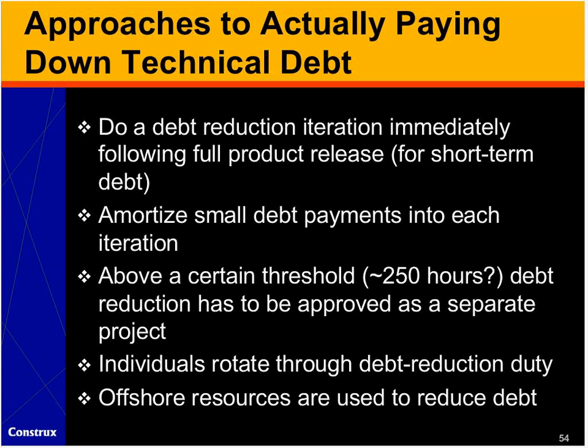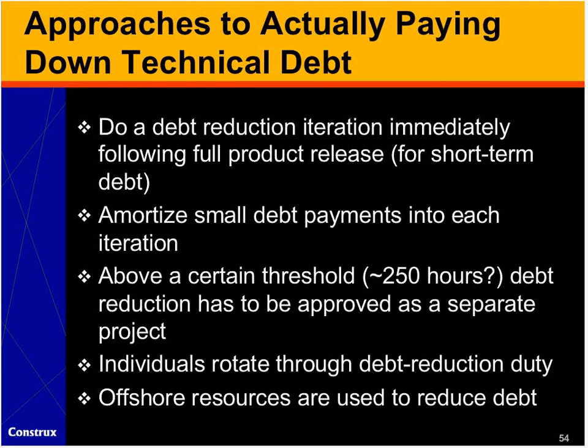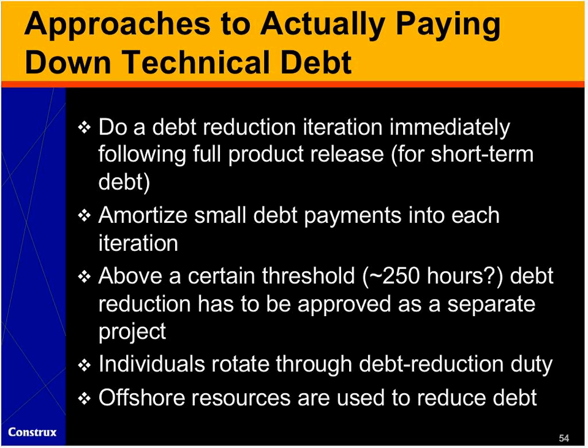So what are some approaches to actually paying down technical debt? We've seen a number of approaches with the companies we've worked with. You can certainly do a debt reduction iteration immediately following a full product release, especially if you've taken on conscious short-term debt through individually identifiable shortcuts. That is a very rational way to do that. It's timely.